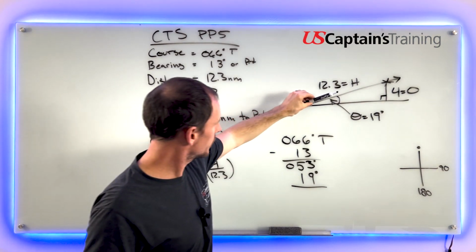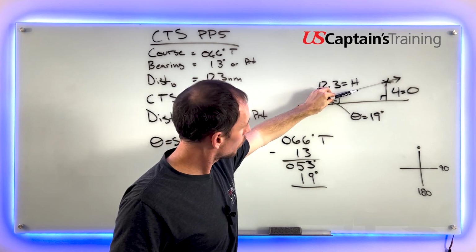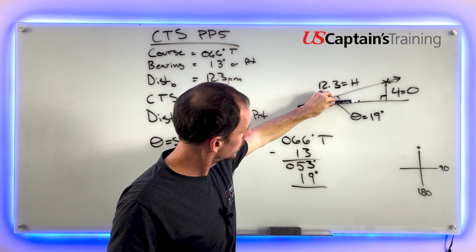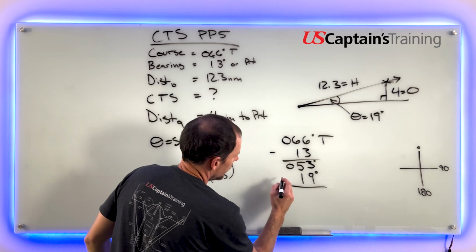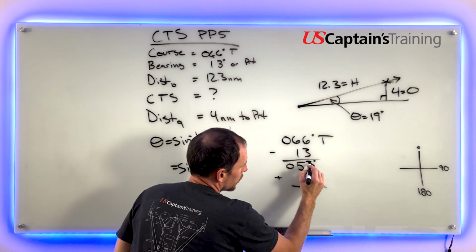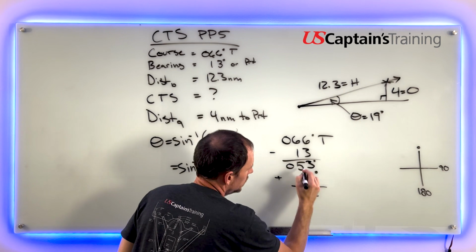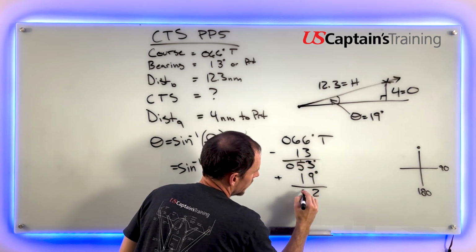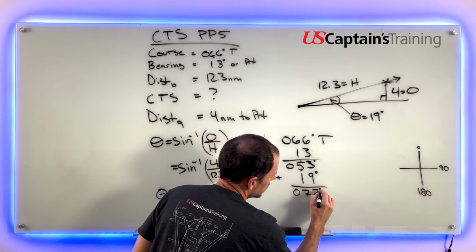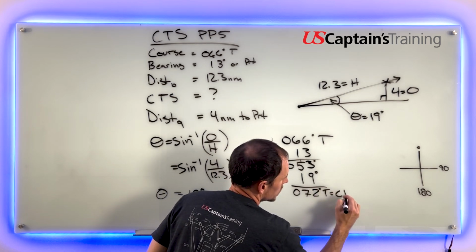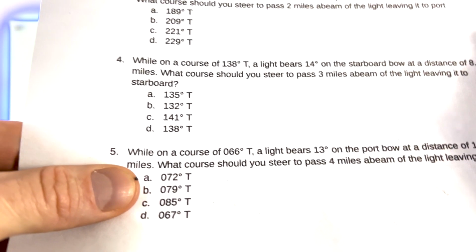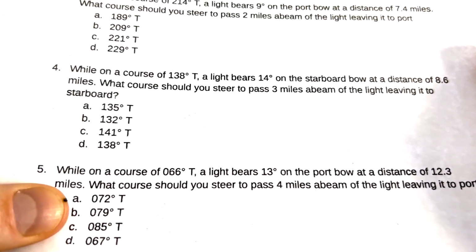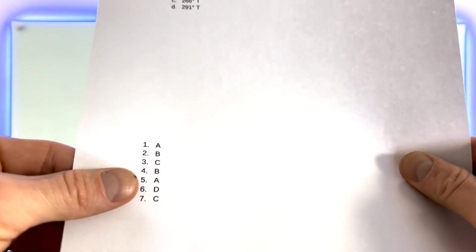If we're at 53 degrees and we want to leave it 4 miles to port, we correct our course this way. We're going higher. We need to add. So 3 plus 9 is 12. 2, 5, 6, 7. We get 72 degrees true equals our course to steer. And let's check. Look at that. We have a 72 right here. And we can check. 5 is A, 72 degrees.